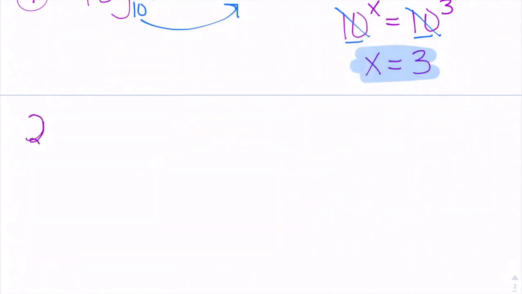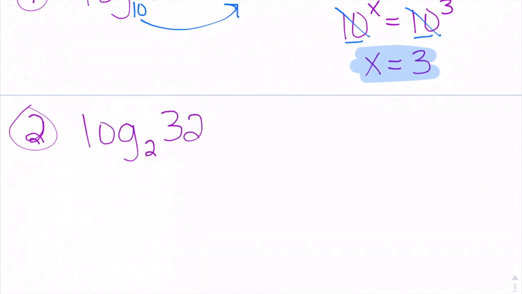Example 2. So if we have log base 2 of 32, we want to say that it equals x, because we need to solve for the unknown of it. And so we're going to convert this to exponential form.